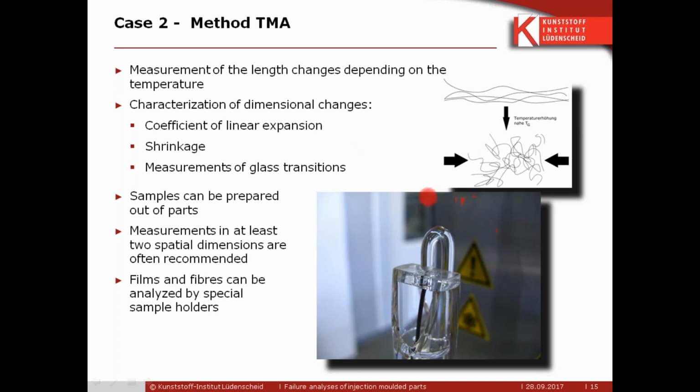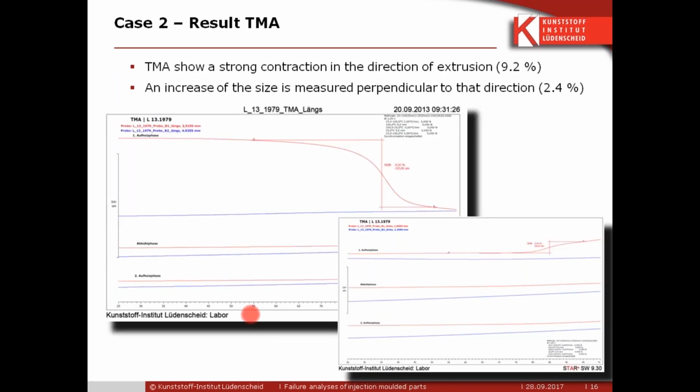Second example is PVC lamellas for cooling towers, which are in this case not produced by injection molding, but in an extrusion process. But you might have similar effects in the case of injection molded parts. These lamellas have been produced for many years, and the maximum heat load in the cooling towers was until now 45 degrees, and now there was a new cooling tower produced with a heat load of 50 degrees.